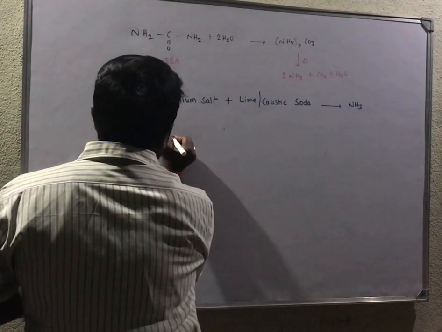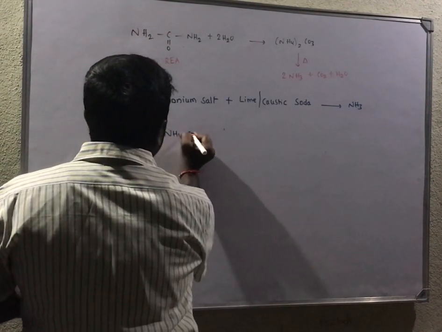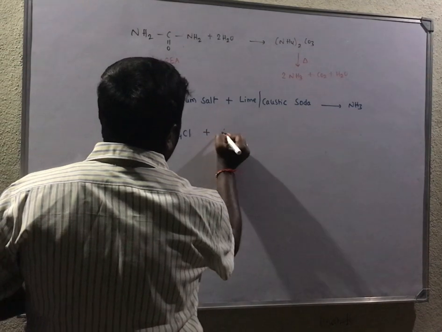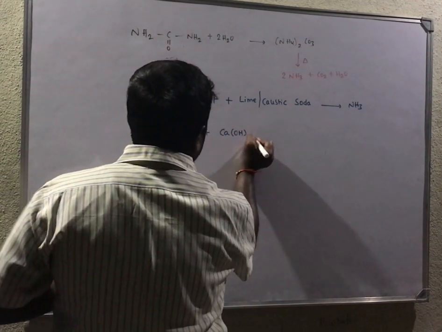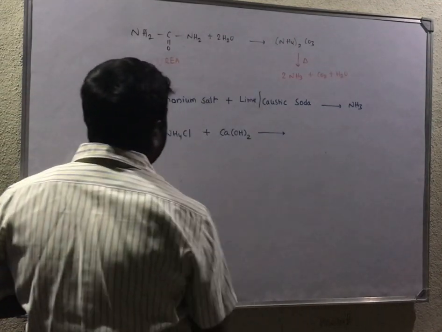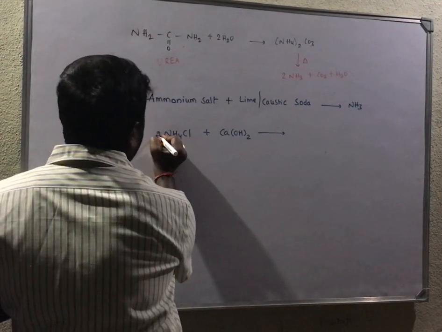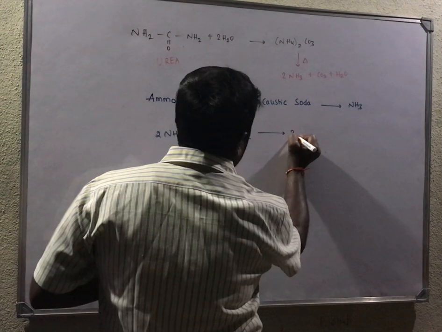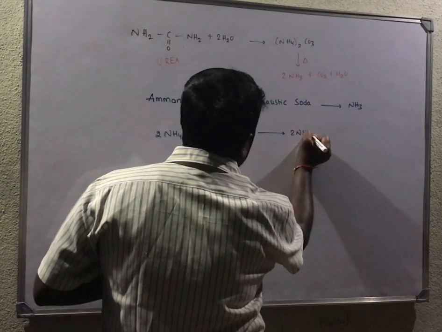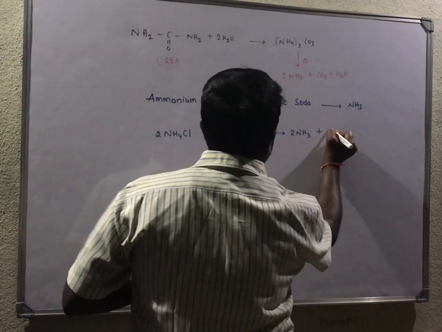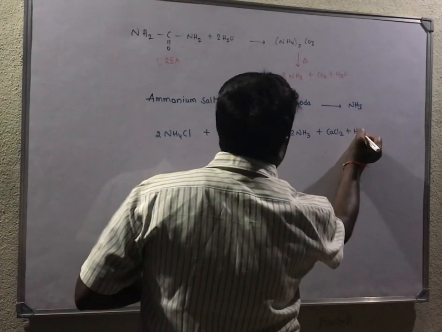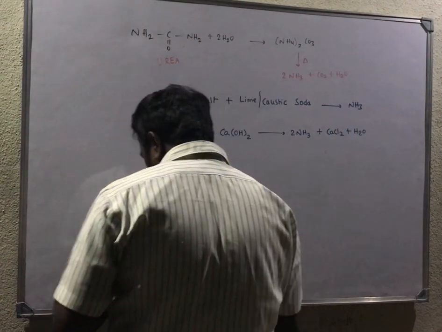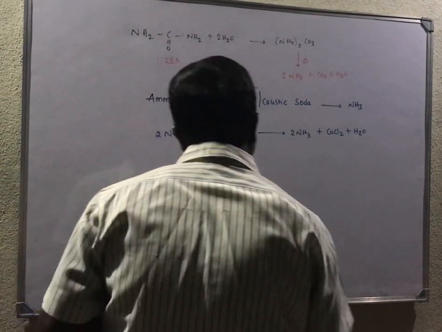So here, ammonium chloride NH4Cl with lime, Ca(OH)2. Taking 2 moles, the products are 2 moles of NH3, calcium chloride, and the byproduct is H2O.